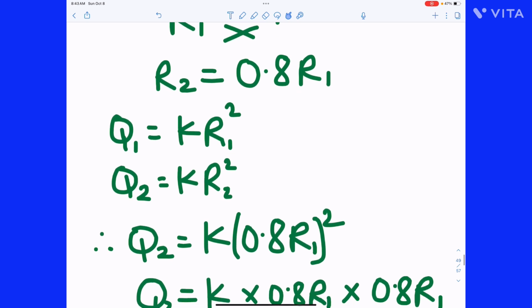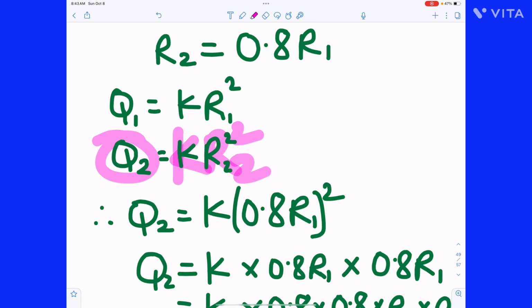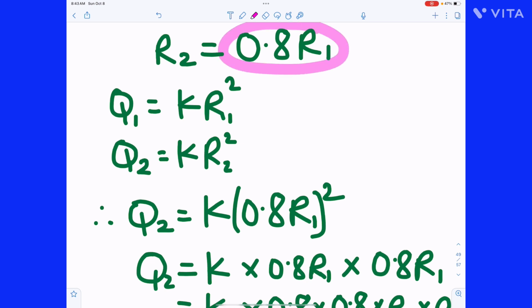So in this case now, let's write Q1 as K times R1 squared. Q2 also will be K times R2 squared. The new value of Q2 will be K times the new value of R squared. Replace R2 here with 0.8 R1 all squared.